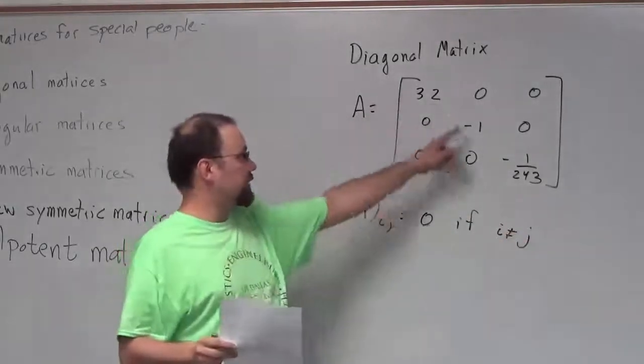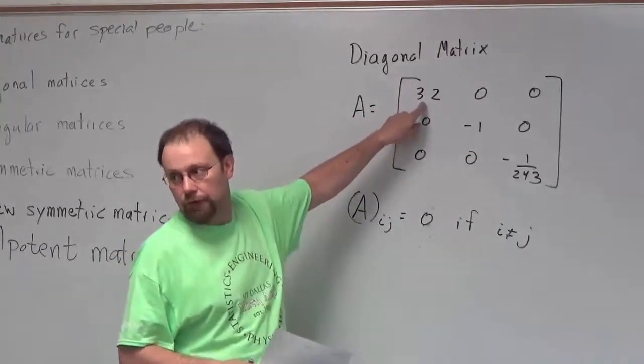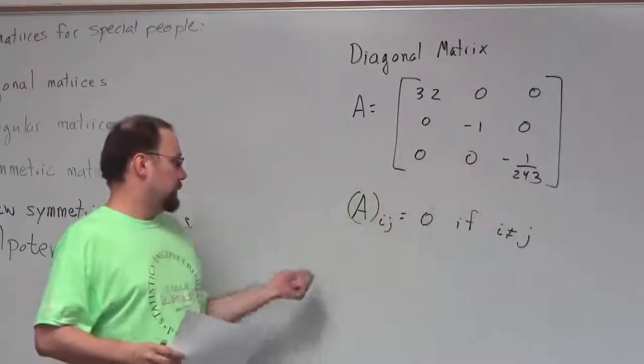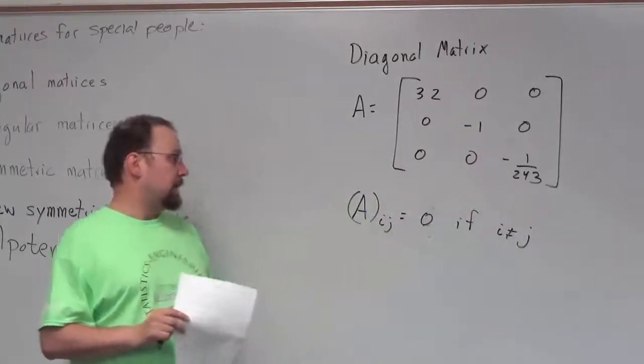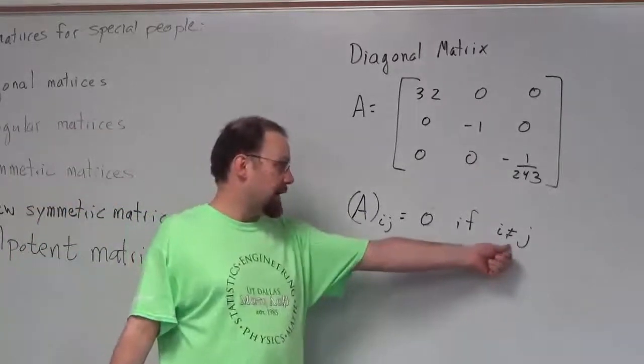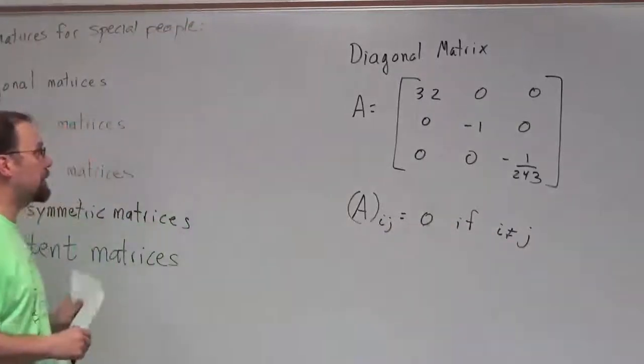So the diagonal entries are exactly those where the row and column index match: the 1,1 entry, 2,2 entry, 3,3 entry. If we're not on the diagonal, so i is not equal to j, then the entry must be 0.